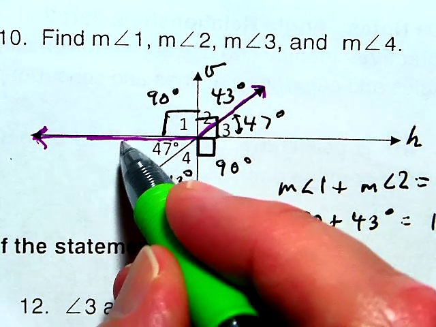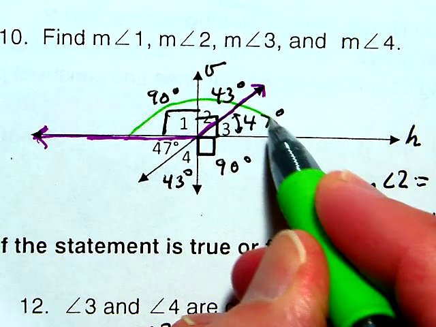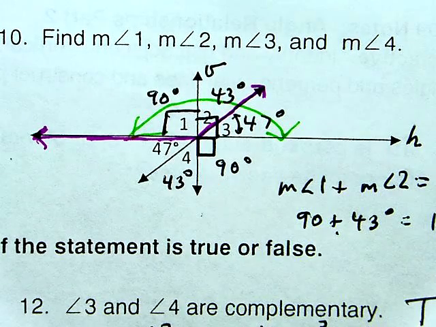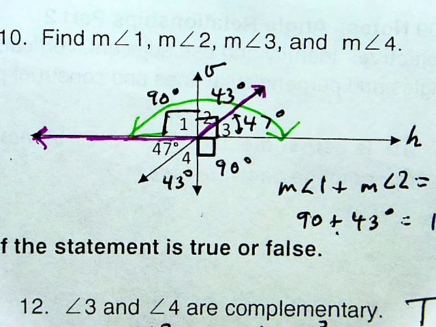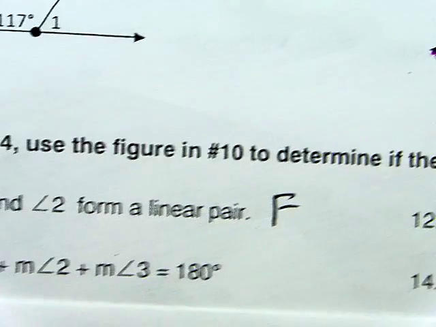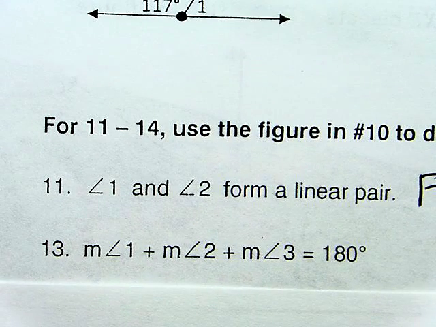If we add these three angles together, angle 1 plus angle 2 plus angle 3, we have this whole angle, which is obviously a straight angle, right? And a straight angle is equal to 180 degrees, so this is true. So it is true. 13 is true.